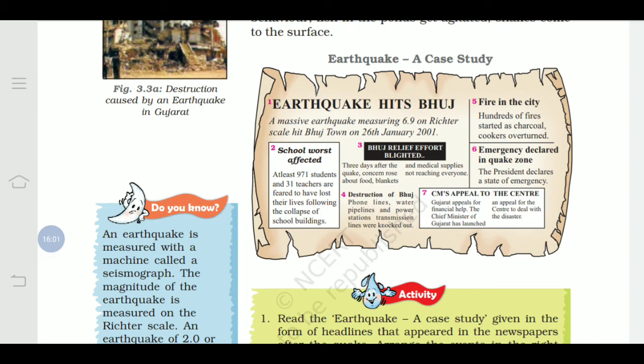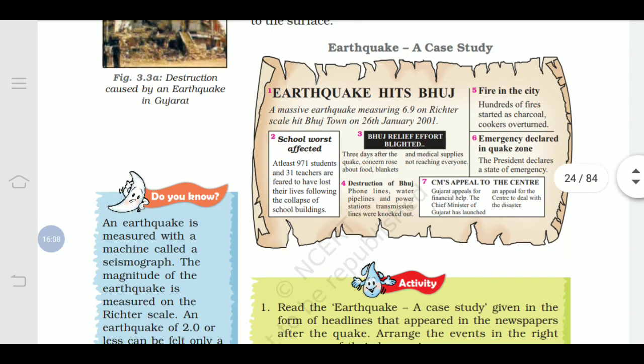Secondly, schools were affected. Why? Because 26 January is celebrated in most schools, and teachers and children were in the school itself, so it was affected more. At least 971 students and 31 teachers are feared to have lost their lives following the collapse of school buildings.